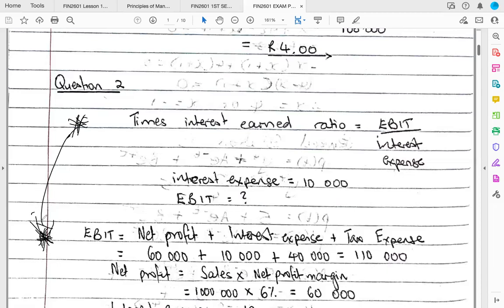Don't start with ratios, otherwise you'll run out of time and you won't be able to answer simple time value of money questions that are straightforward and you can do quickly. Even bond valuation is sometimes a bit more straightforward. Whereas ratio analysis and calculations to do with ratios take a lot of time, and at the end of the day, you're just getting the same marks.